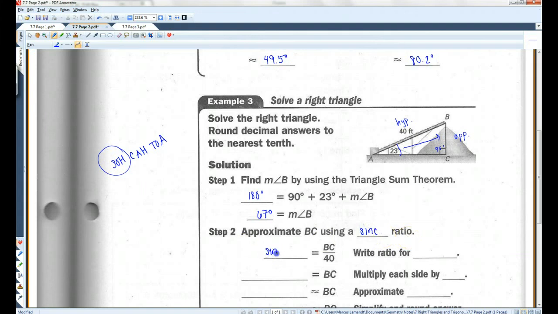So sine of 23 equals BC over 40, opposite over hypotenuse. This is the ratio for sine of 23 degrees. I'm going to multiply each side by 40. So 40 times sine of 23. I'm going to approximate sine of 23 degrees. 40 times, let's find out.